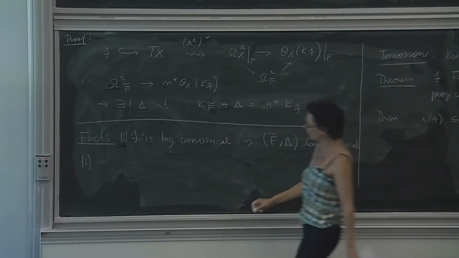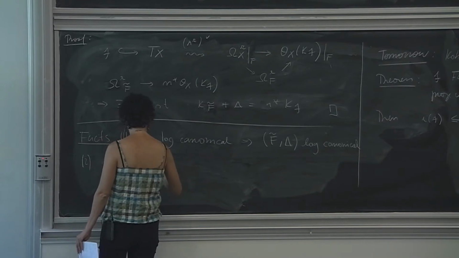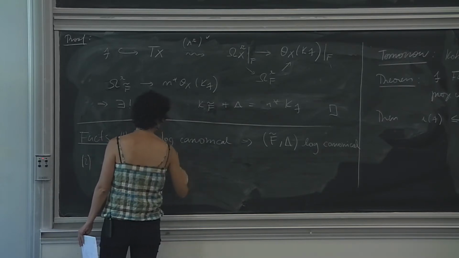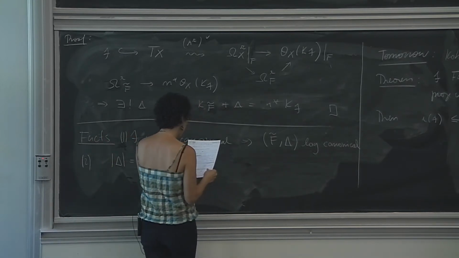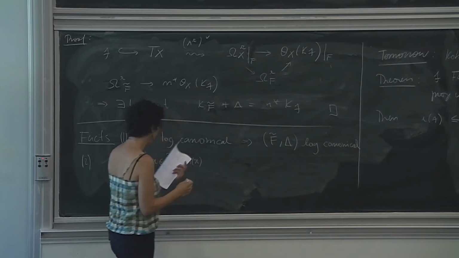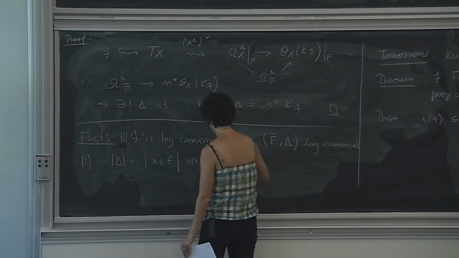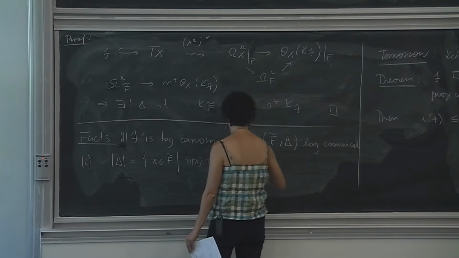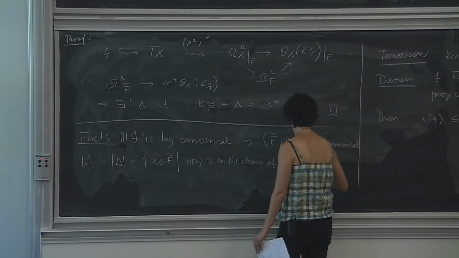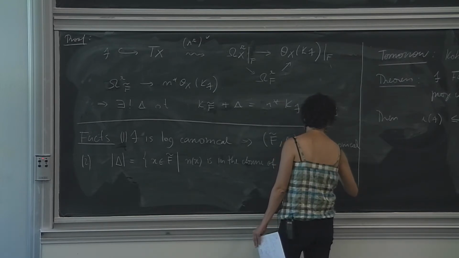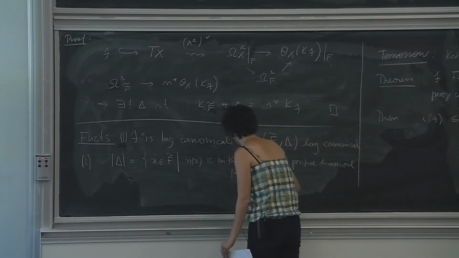So the support of delta precisely consists of the points such that the image in X is in the closure of infinitely many leaves, that is, in the closure of a positive dimensional family of leaves.